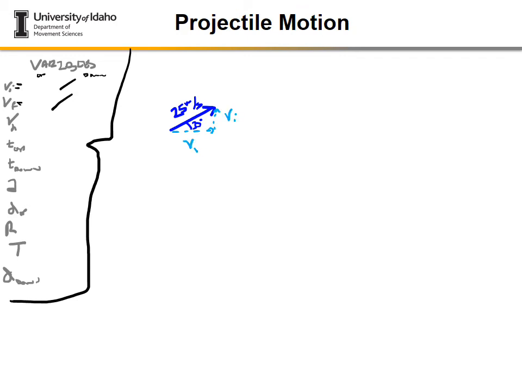So VH is the initial velocity in the horizontal. VI is the initial velocity in the vertical. So VI we solve as 25 sine of 30, because it's opposite over hypotenuse. And then VH we solve as 25 cosine of 30, because it's adjacent over hypotenuse.